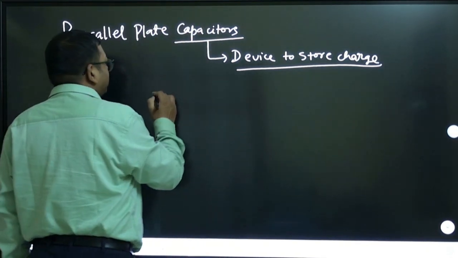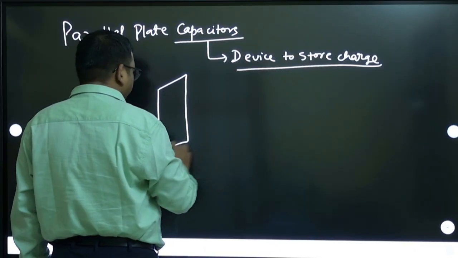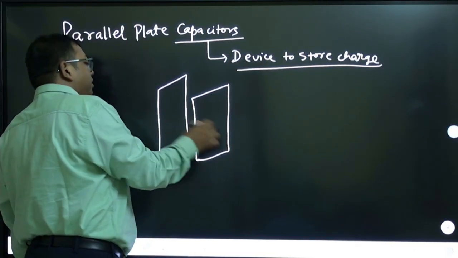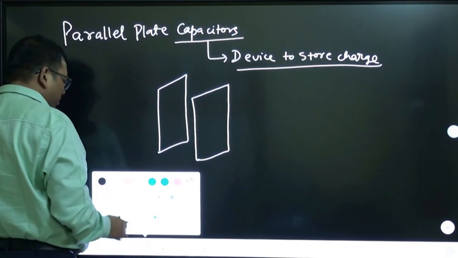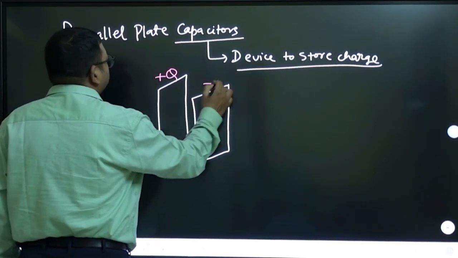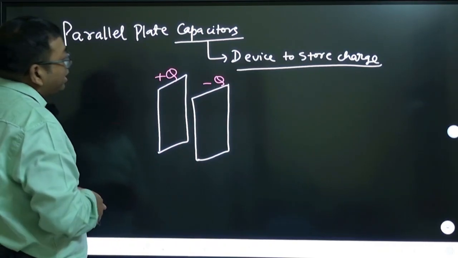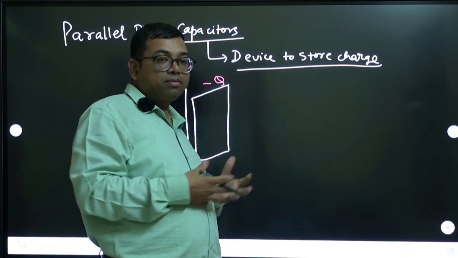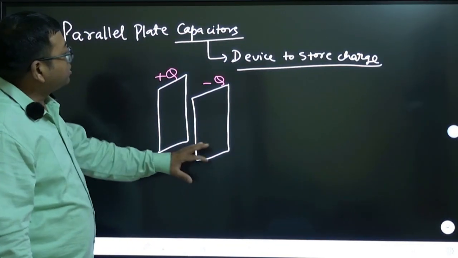Like one plate, you can see like this, one plate, and there is another plate. Two plates facing each other, and you can give one plate charge plus q, another charge minus q. They will store charges like that, just like in spherical cells, one cell was plus, another cell was minus, same amount of charge, plus minus.